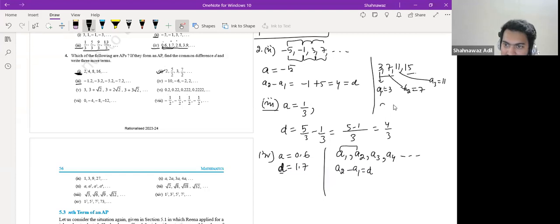So this is D. A2 minus A1 will be 7 minus 3, right? And if I want to calculate the difference between these terms, that would be A3 minus A2. So this is 11 minus 7, which is 4. Understood?